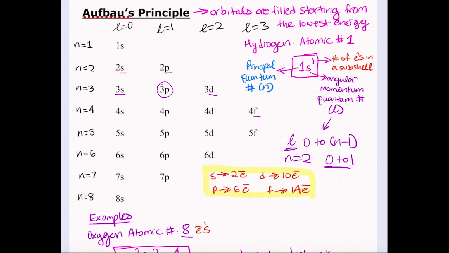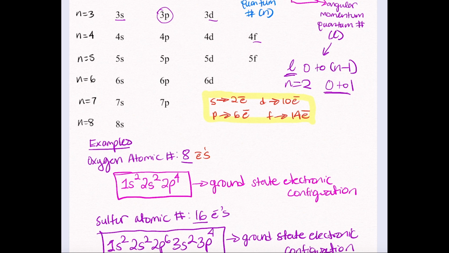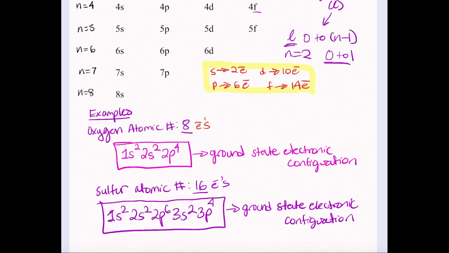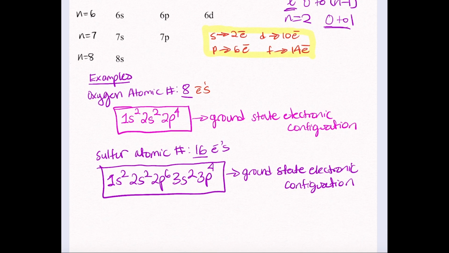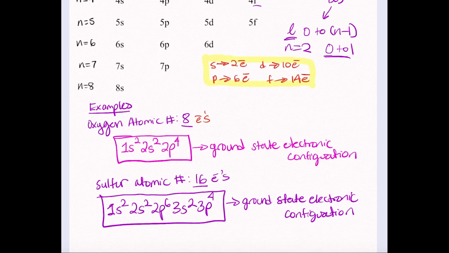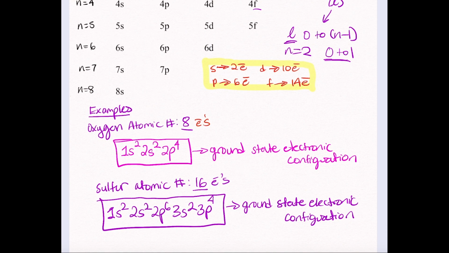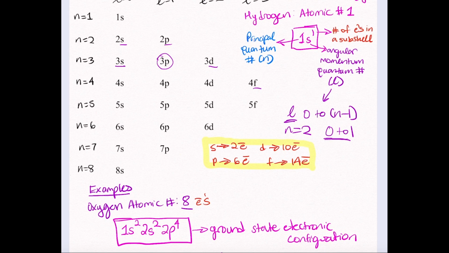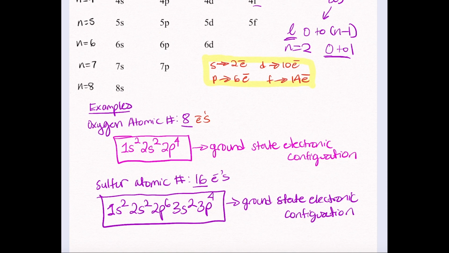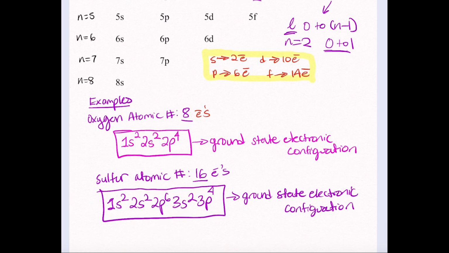And when you're taking into account those other two rules, that is pertaining to filling energy level diagrams that you would have to illustrate. And so in the next 2 videos, I will be showing that. So stay tuned. So I hope this helped you out, and the other ones will be posted very soon. So here are the ground state electronic configurations of oxygen and sulfur.